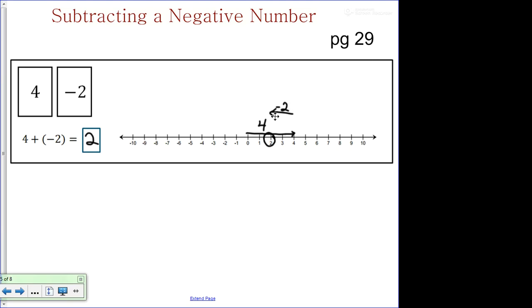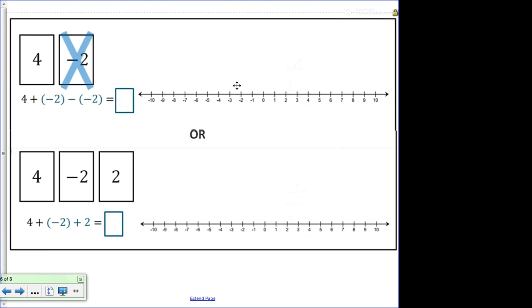But what happens if I want to get rid of that negative 2? Well, if I were to draw it out, 4 and negative 2, if I want to take it away or subtract it, I just cross it out on my number line, and it's like it never happened. I'm at 4. So far, so good? Make sense?